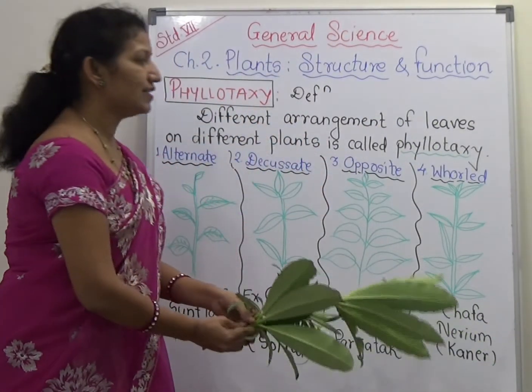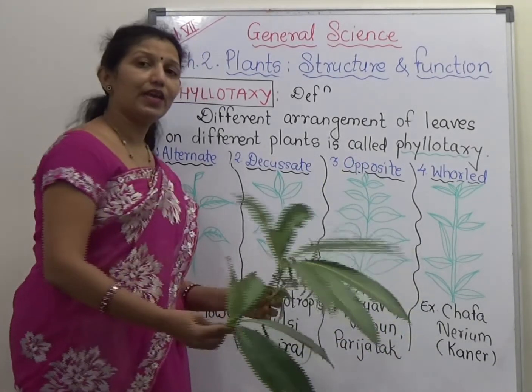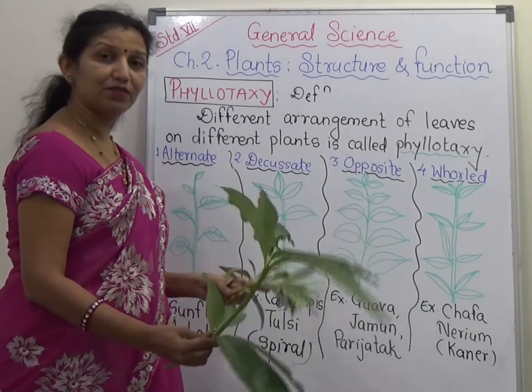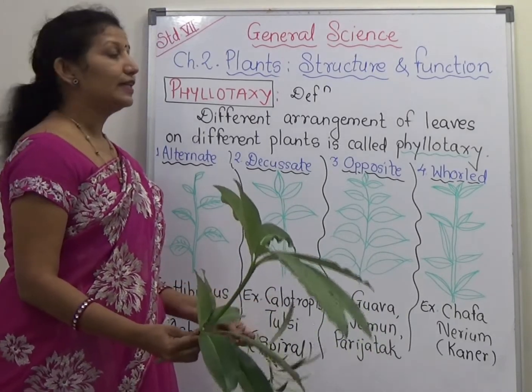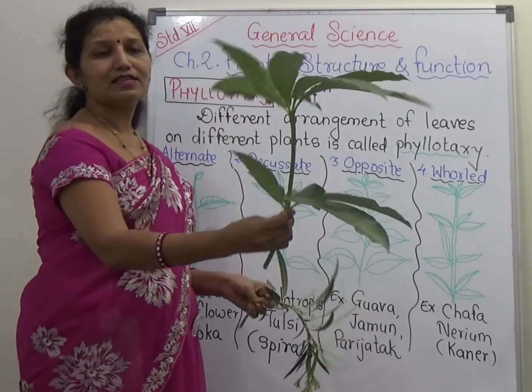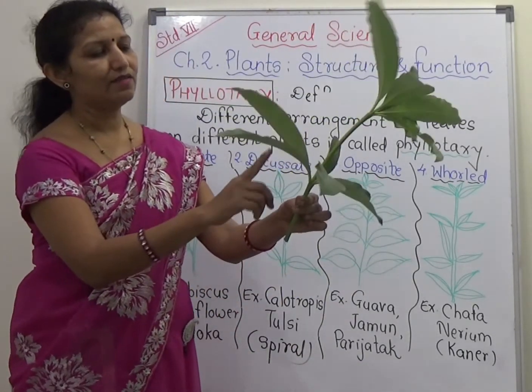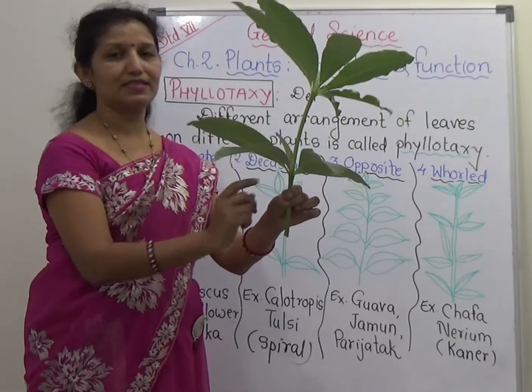Now, whorled. In whorled, what happens? Three or more than four leaves are arranged at the node. See, this is a Safa twig, and on this twig, there are 1, 2, 3, 4, 5, 6.